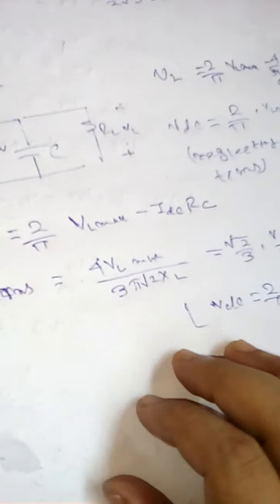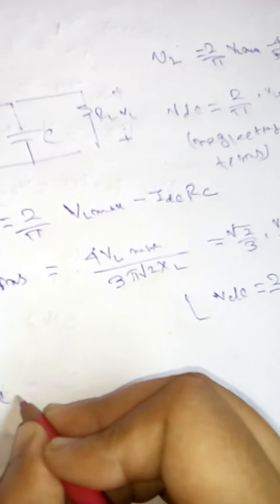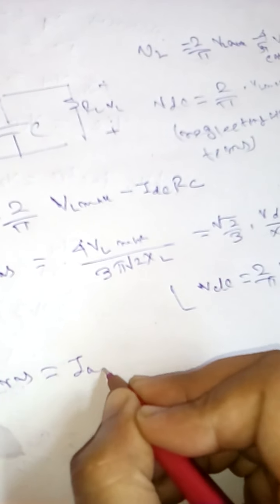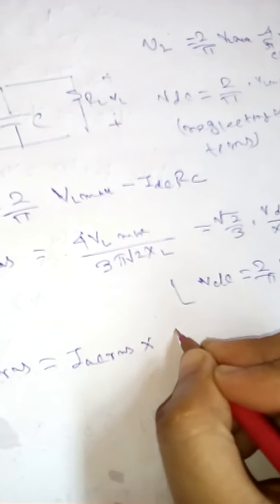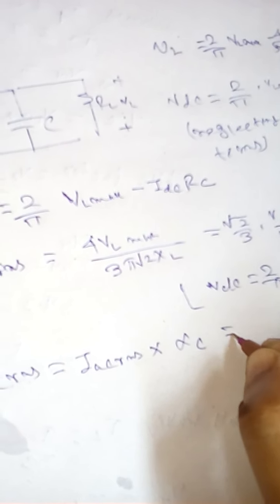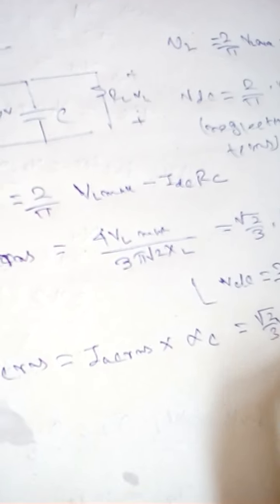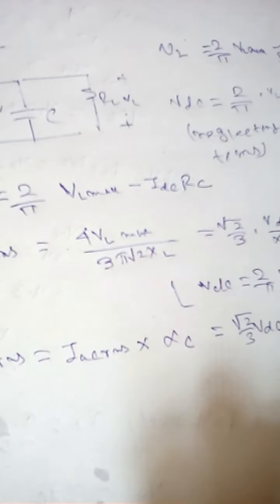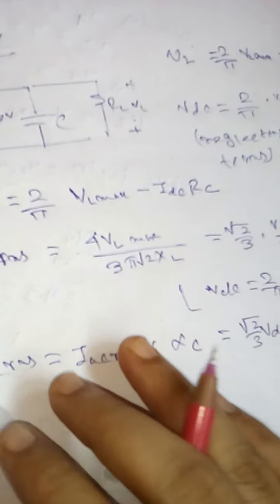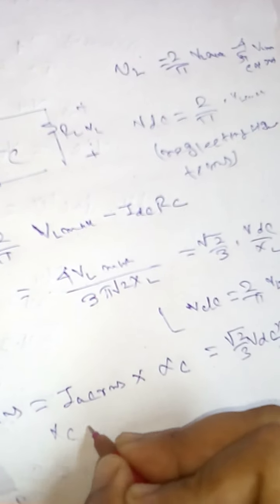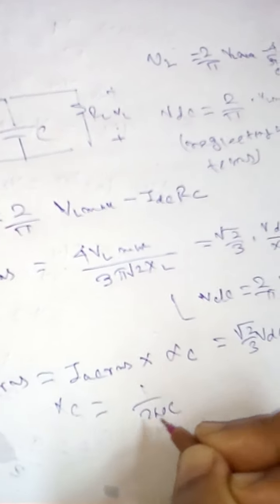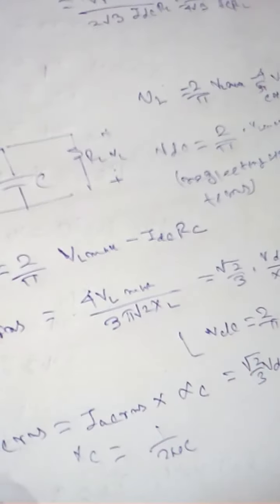The AC voltage across the load is given by VAC RMS equal to IAC RMS into XC. So this is 2 by 3 VDC into XC by XL, where XC equals 1 by 2 omega C, the capacitor reactance at the second harmonic frequency.